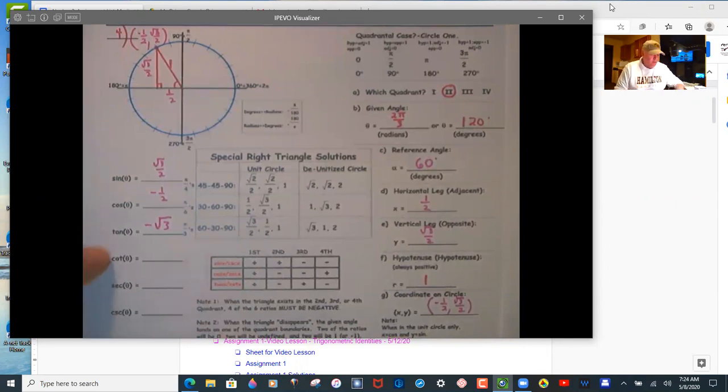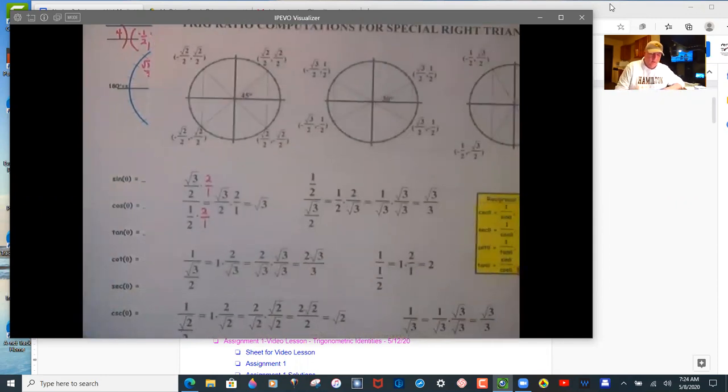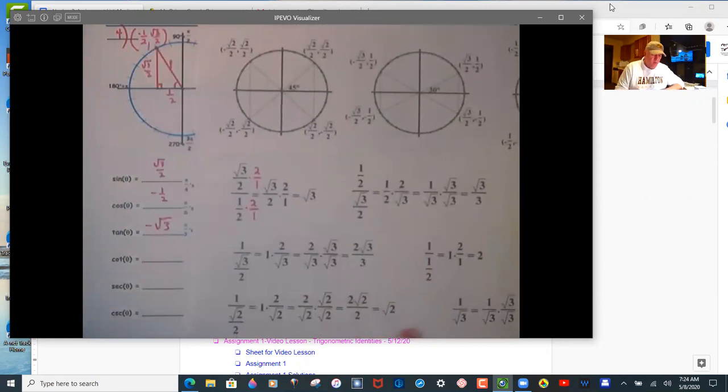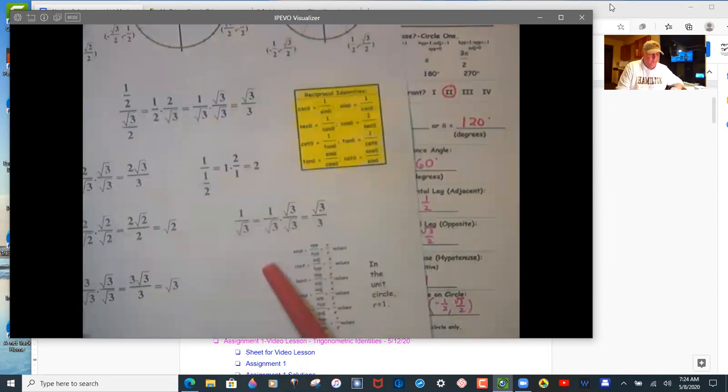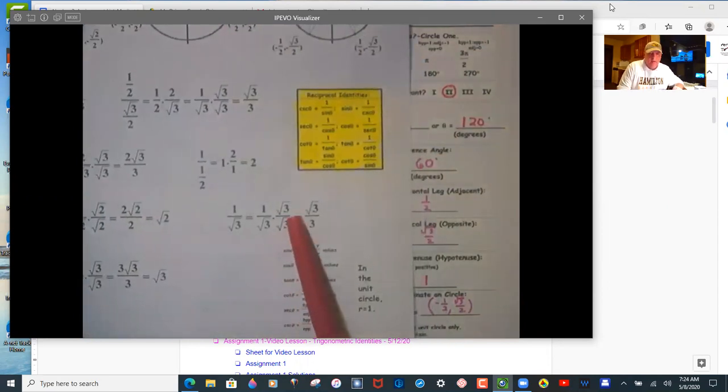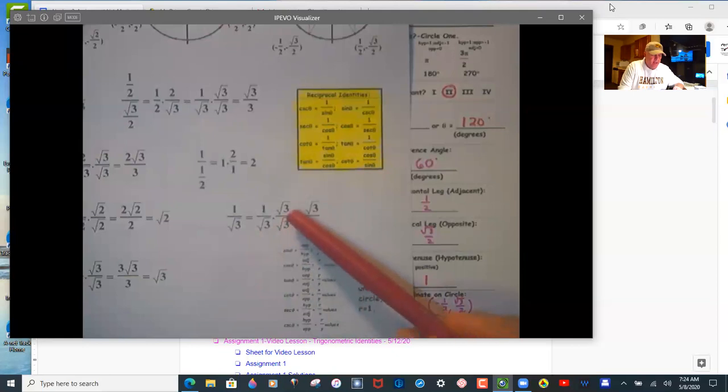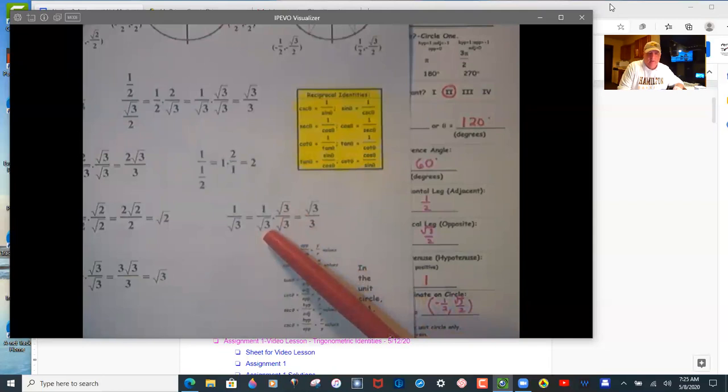So the cotangent is the reciprocal of tangent. Again, you're referring to this. What's that computation? Well, 1 over negative square root of 3. Well, here's that work. And what that work involves is what's called rationalizing the denominator. Not very exciting, but it's kind of like reducing a fraction. So you multiply top and bottom by the square root value that appears in the denominator to remove the square root from the denominator.